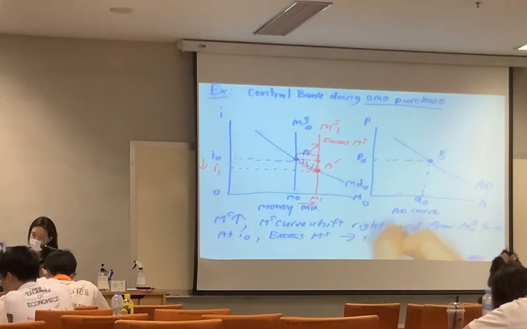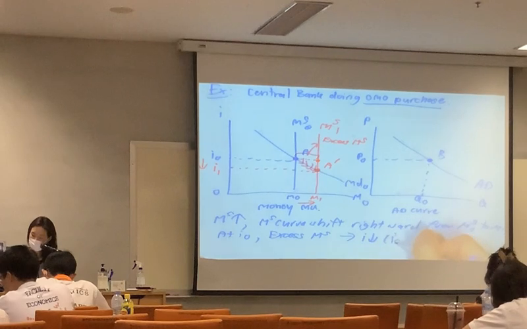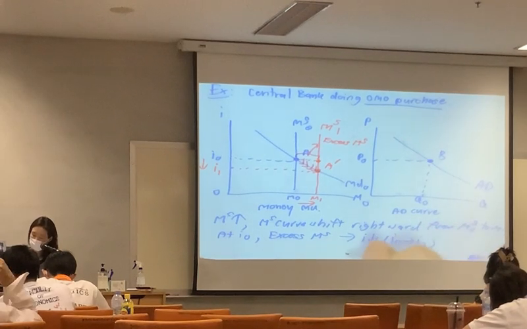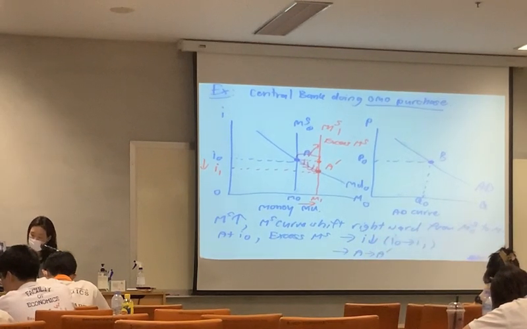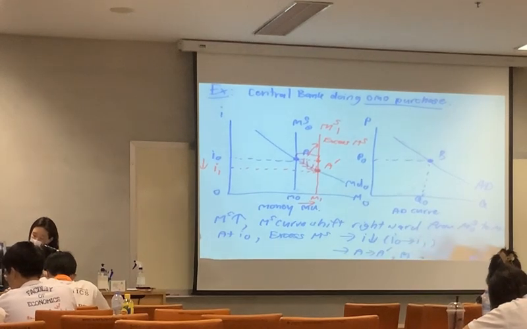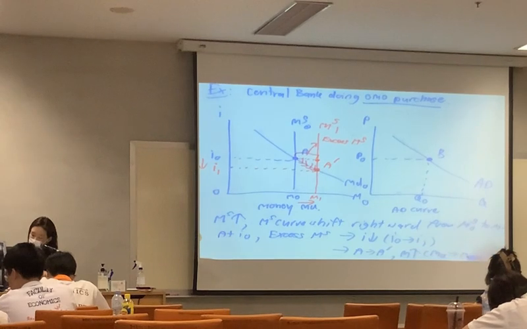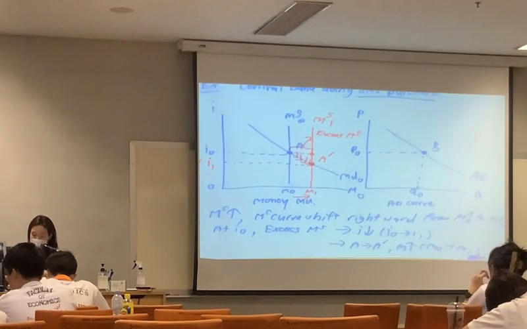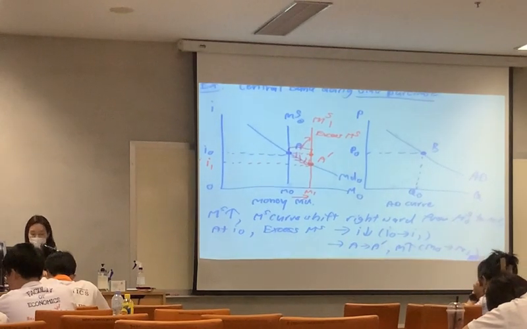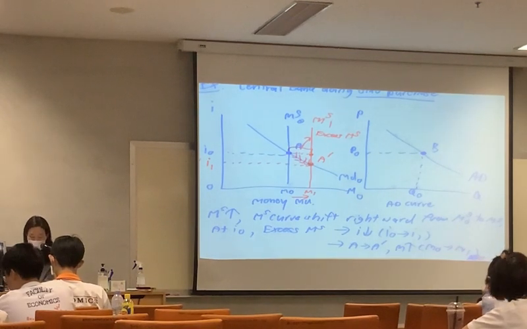And then what happens? Interest rate goes down from I0 to I1. Equilibrium changes and the quantity of money increases. But in fact, you have to use your own explanation, this one is just lecture notes.